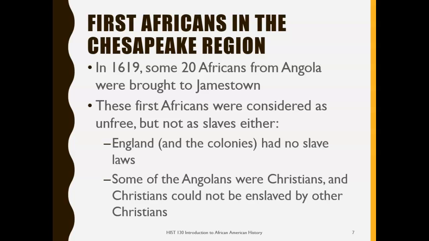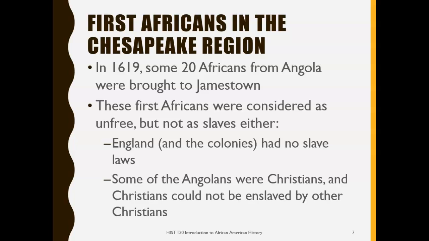And the reason for this is that England and its colony did not have slave laws, and England did not practice slavery since the Middle Ages. And another thing that we have to keep in mind, some of these Africans who came from Angola were Christians.